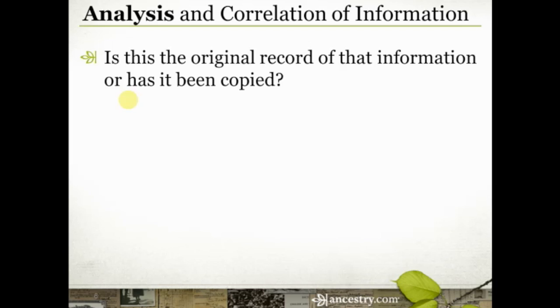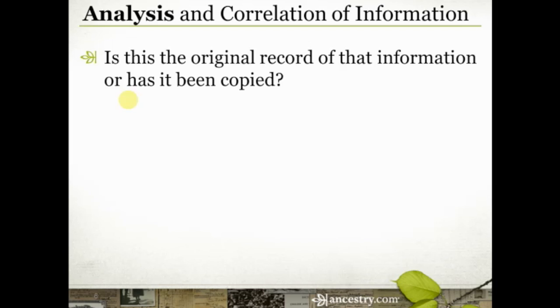Errors in spelling, errors in date transposition, errors in coding. I've seen a lot of times where when indexes are created for birth, marriage, or death records, rather than write out the full county every time, whoever it was that created the index, whatever agency or organization, was instructed just to code the name of the county. And so they'd put in the county code, and then later that gets translated as this information becomes digital or gets published into a book.